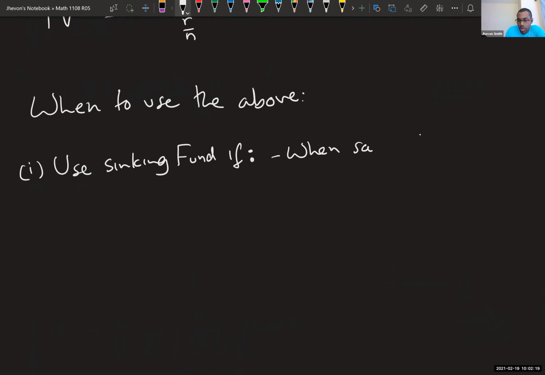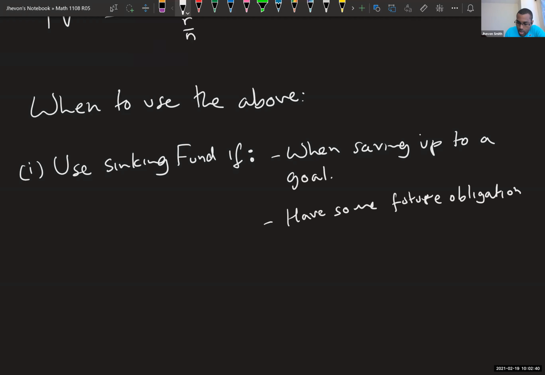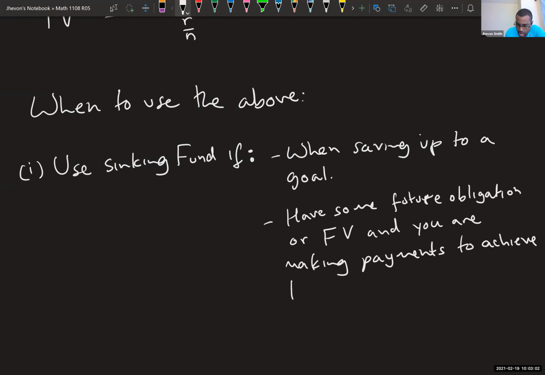When saving up to a goal, you have some future obligation, or FV, and you are making payments to achieve that FV, growing with interest the whole time.